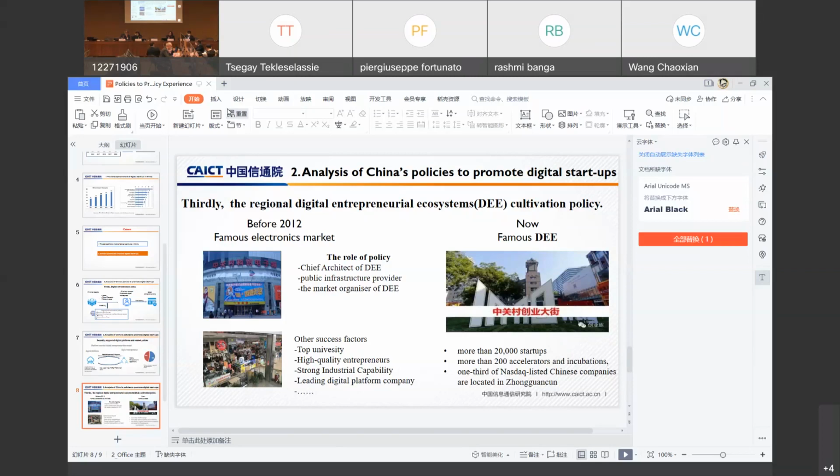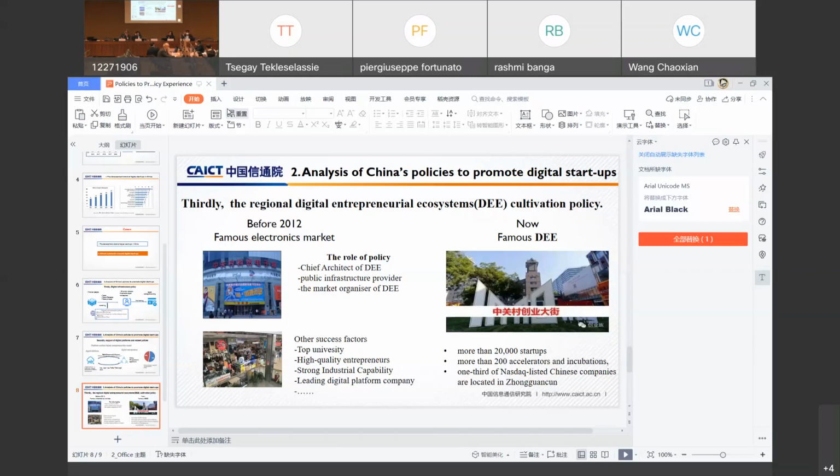However, once all these elements have grown beyond a certain critical point through the effort of various parties, including policies, digital entrepreneurship will enter a self-reinforcing positive cycle and will show a more active and faster development trend than the traditional one.